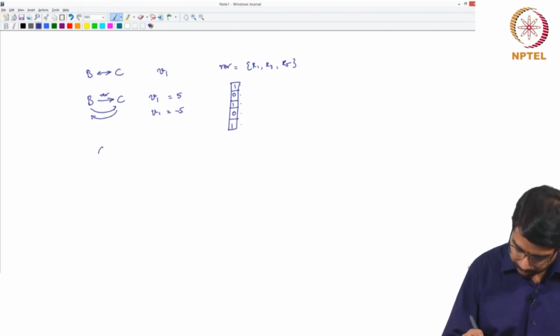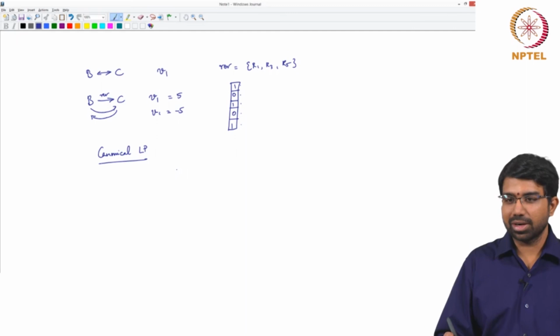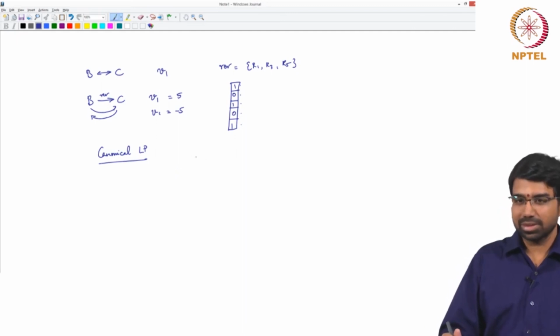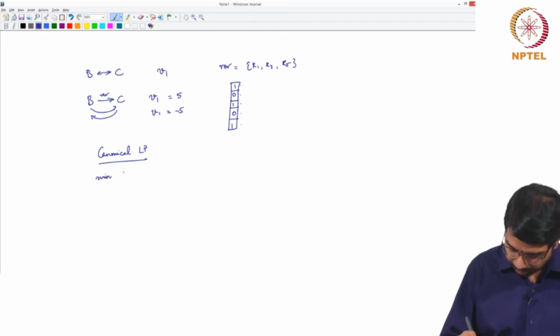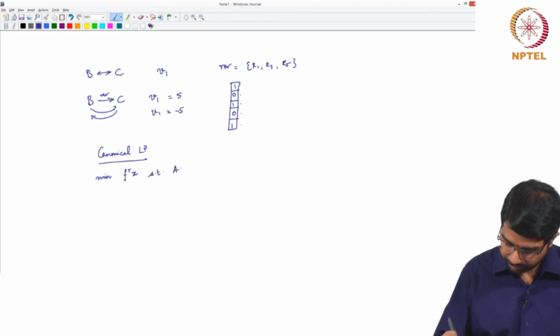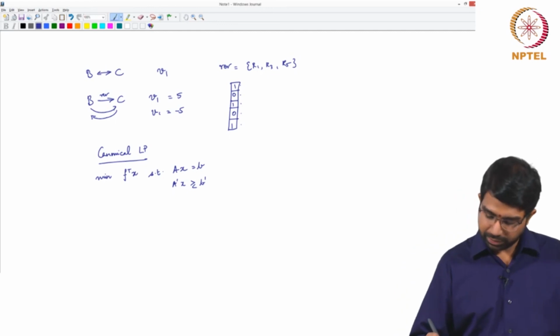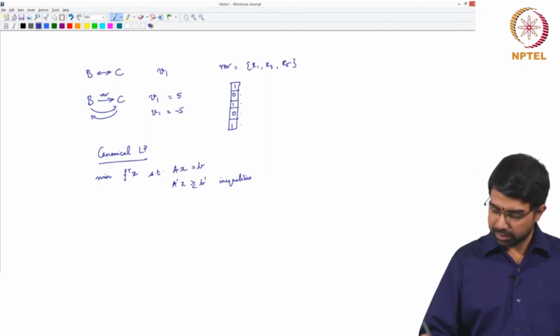So, what is the canonical LP? You know, a canonical quadratic equation is ax square plus bx plus c equals 0, right. So, the canonical LP is minimize F transpose x such that Ax equals B, you can even have inequalities, right.